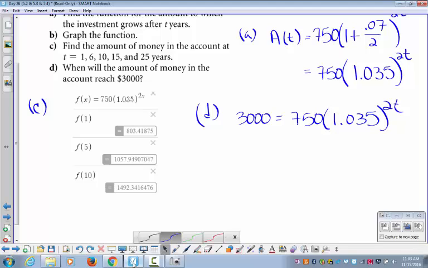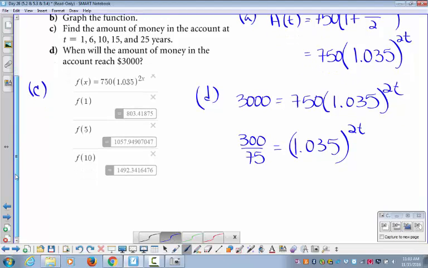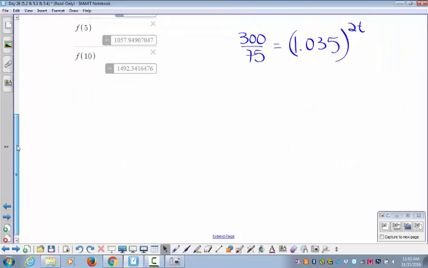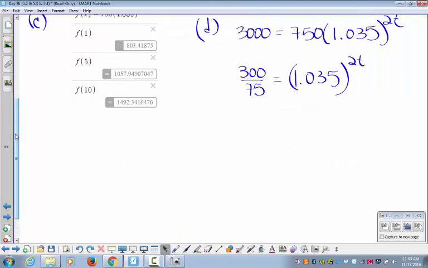So here we would divide both sides by 750. We cancel out a 0 in the process, so we have 300 divided by 75 equals this. Okay, and so what do we do to both sides to get that exponent down to the main level?